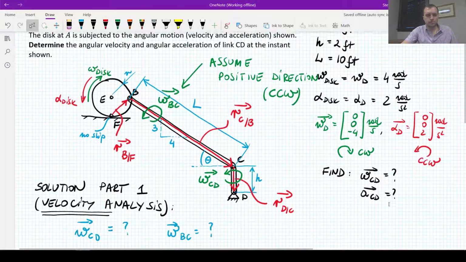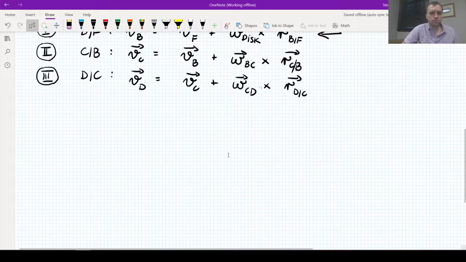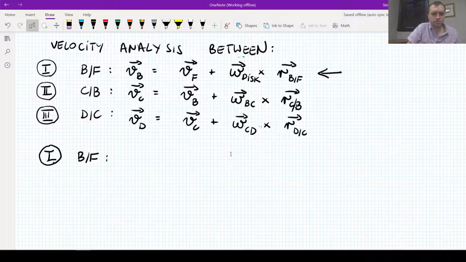Okay. So let us start our velocity analysis finally with the first expression. Let us do B with respect to F of this expression.